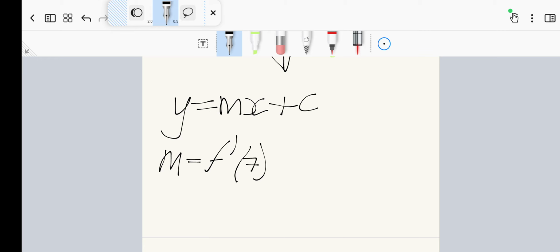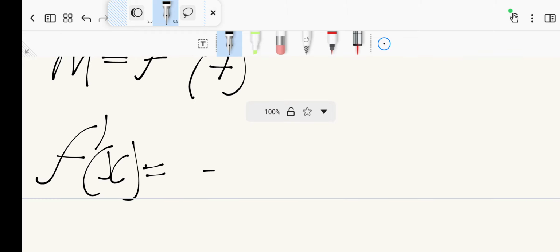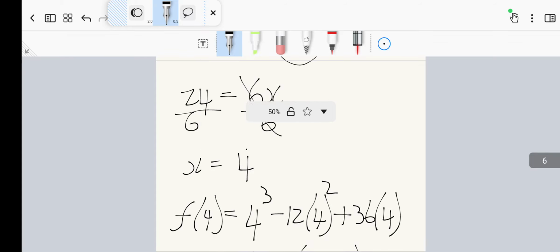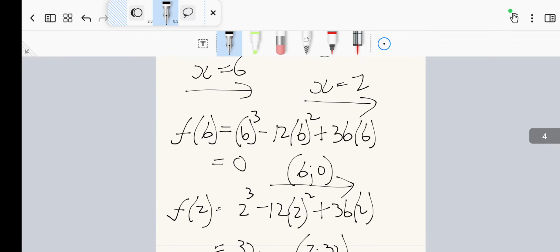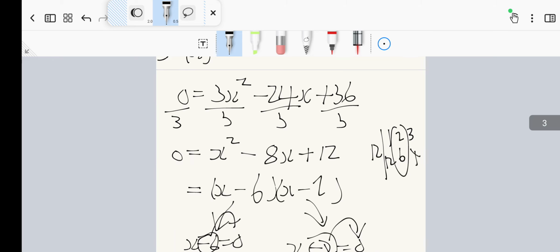We already know what f prime x is. We found it somewhere earlier. Maybe we must just scroll back up and find out what it is. Let's go check. So f prime x, that was over there: 3x squared minus 24x plus 36.